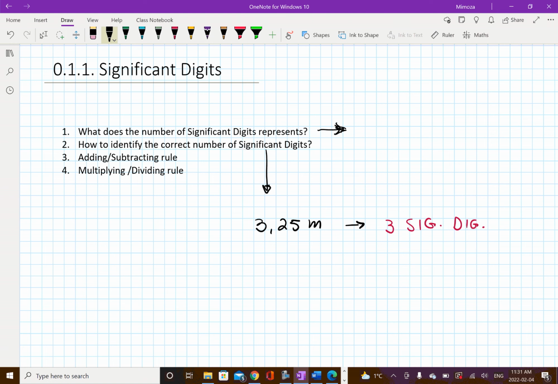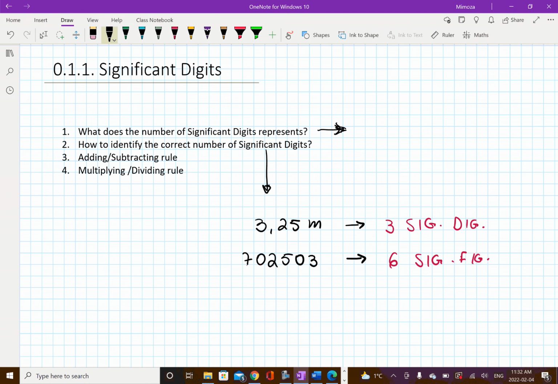So when we have a number like 7.02503, all of those zeros between two non-zero digits are counted as significant, and in this case we will have 1, 2, 3, 4, 5, 6 significant digits or significant figures. Both terms are used in science, so sometimes I will write sig digs or sig figures. It is the same thing.